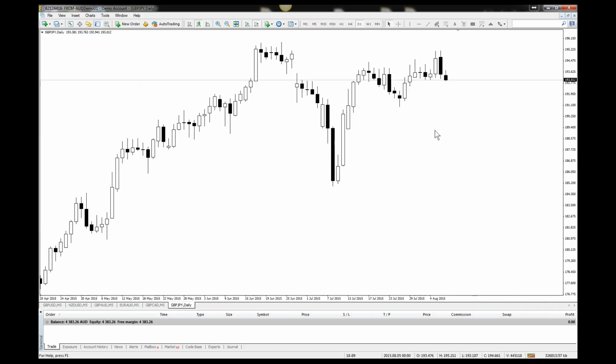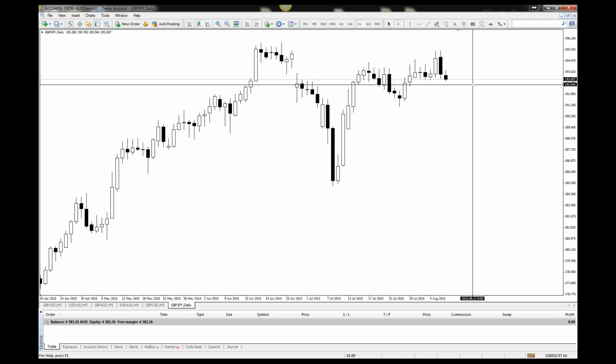Well, actually, here's the deal. It's a pound yen, so my entry actually isn't until 192.87.